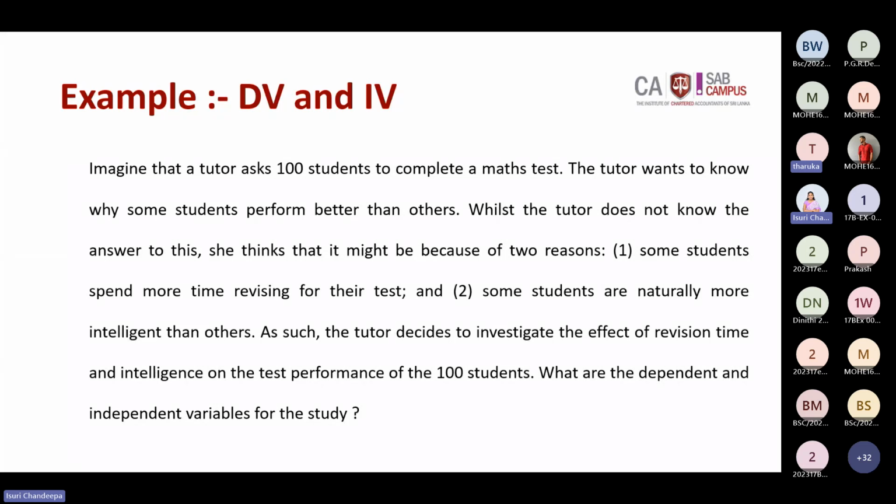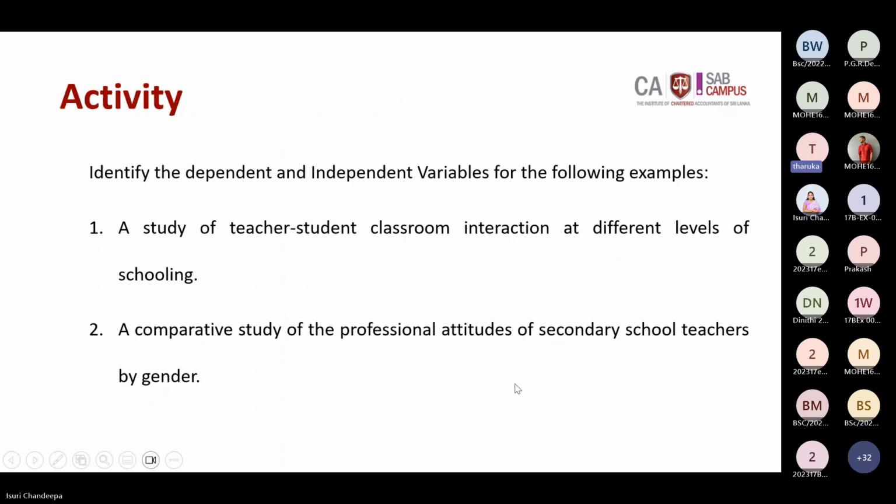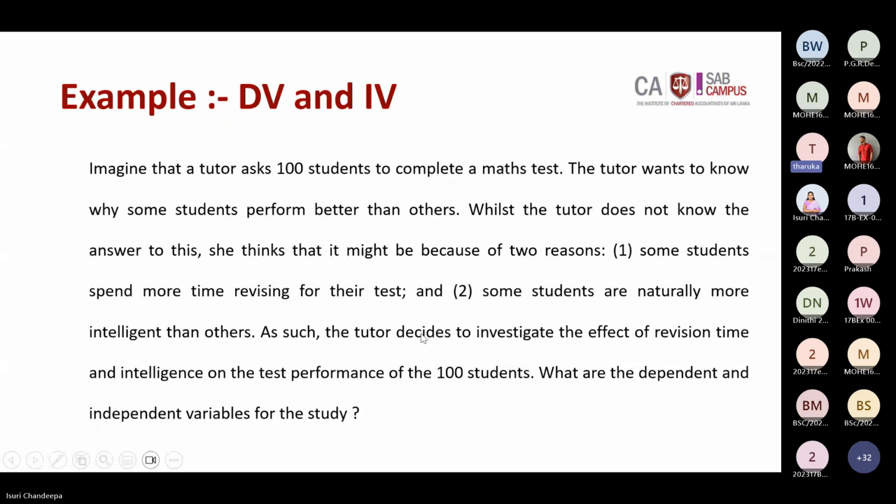In such a scenario, the tutor decided to investigate the effect of the revision time and the intelligence on the test performance of the 100 students. The research idea is to investigate the effect of the revision time and the intelligence on the test performance of the 100 students.